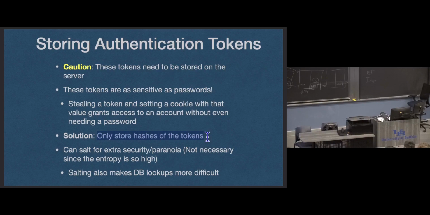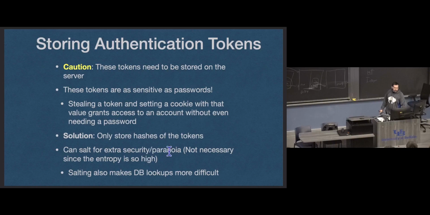Our passwords never have entropy that high. Unless you're using a password manager. You can get as much entropy as you want. It's effectively the same thing as generating these tokens. But since the entropy is so high, rainbow tables are useless, which means we don't have to salt.